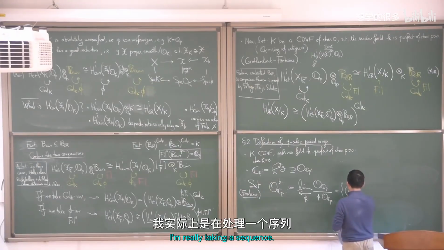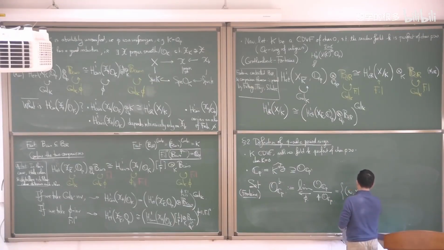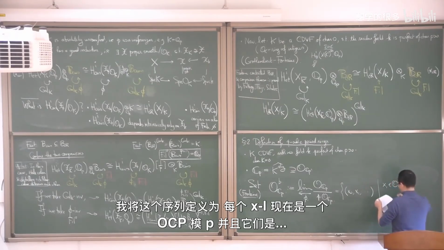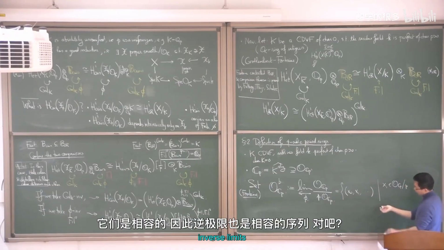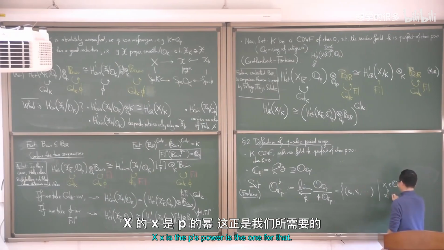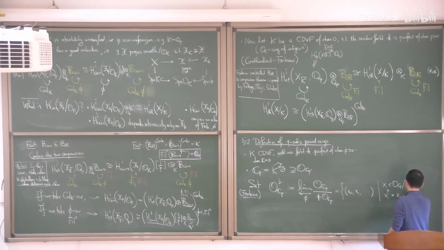I'm really taking a sequence (x_0, x_1, x_2, ...), where each x_i is in O_{C_p} modulo p, and such that they're compatible, as inverse limits are compatible sequences. You want x_i to the pth power to be the one before that.